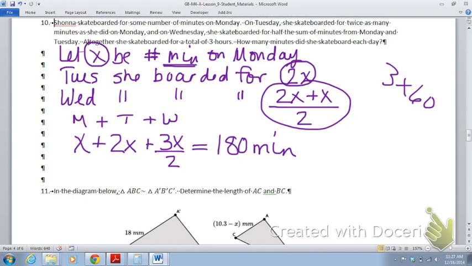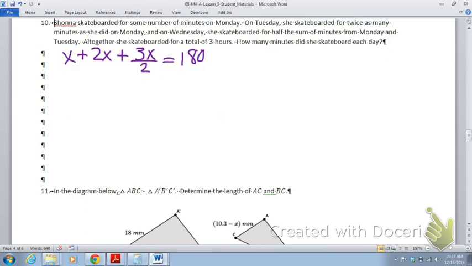So I'm going to give myself some more room here. So make sure you have this down. And, okay, so what I need to be able to do is add the coefficients of these x terms together. So what I have is, this is a 1x, right? So I have 1 plus 2 plus 3 halves times x is equal to 180.